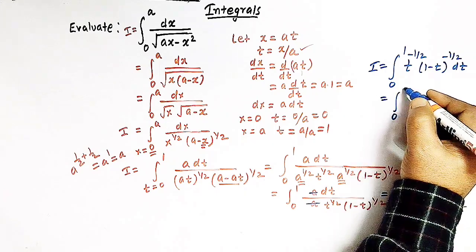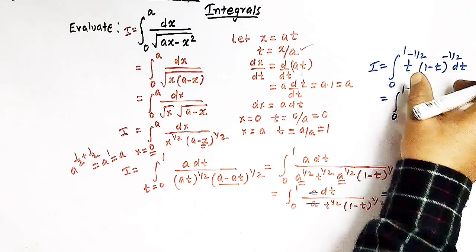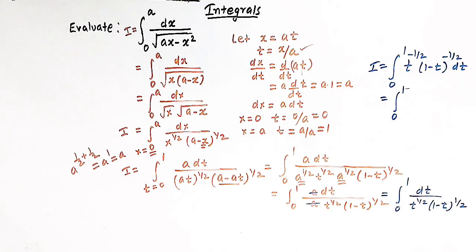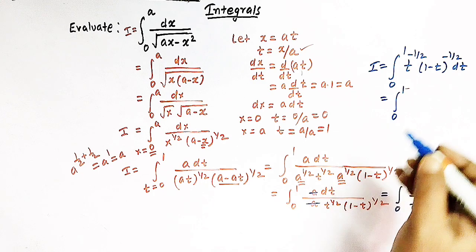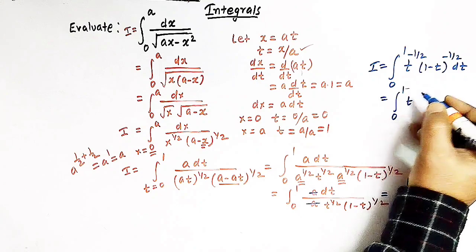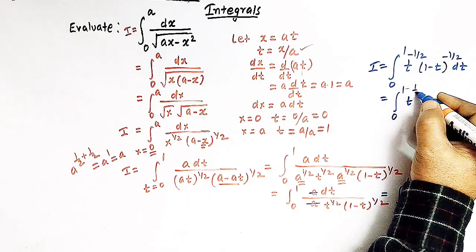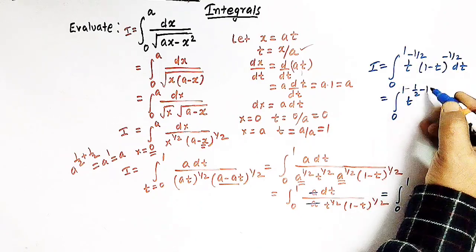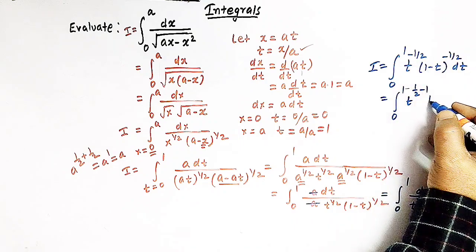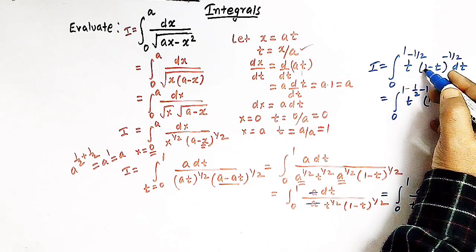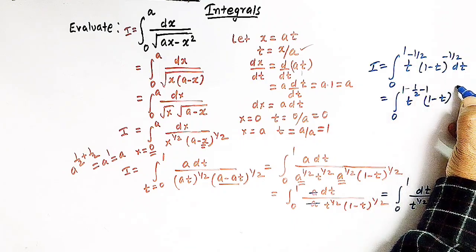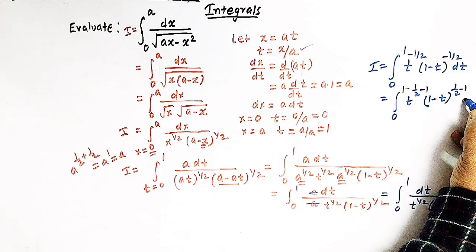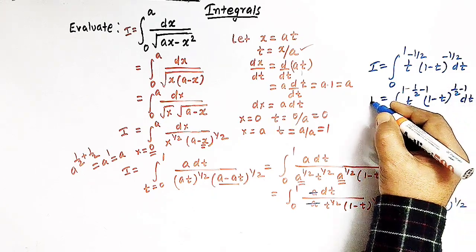Okay, now let us convert this integral into the beta function, which is also known as Euler's integral of first kind. So we can now write t raised to minus half as t raised to (half minus 1), because half minus 1 is minus half, and here also we can write minus half as half minus 1, and here we have dt, right?